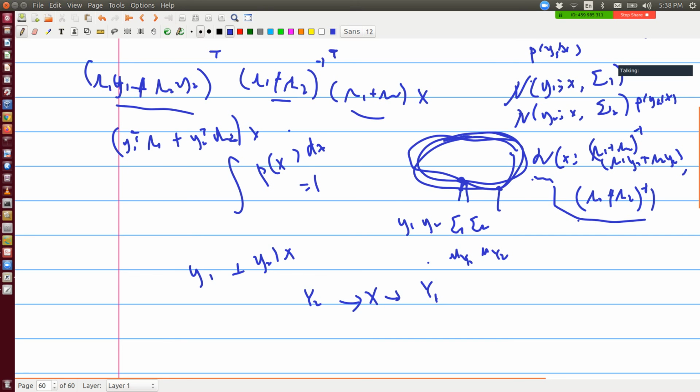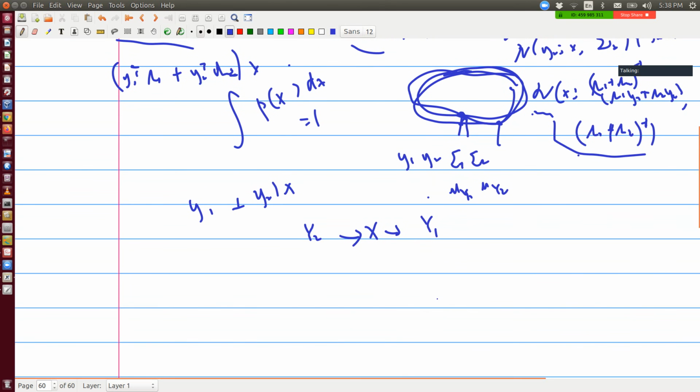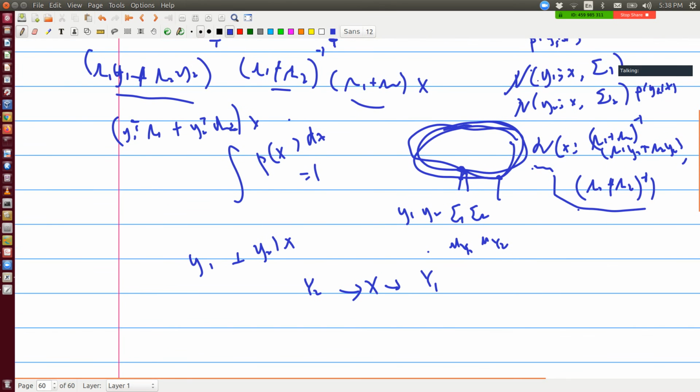Now when we have this multiple here, note one thing: this Gaussian distribution is symmetric, right? So this PDF will be the same as the PDF taking x as the variable and y2 as the mean.